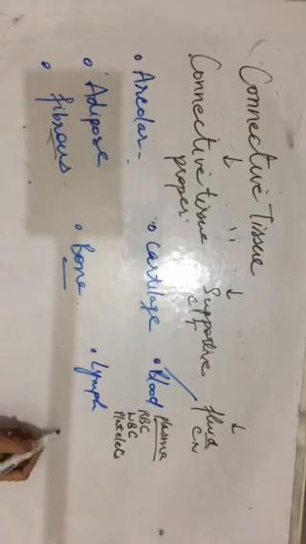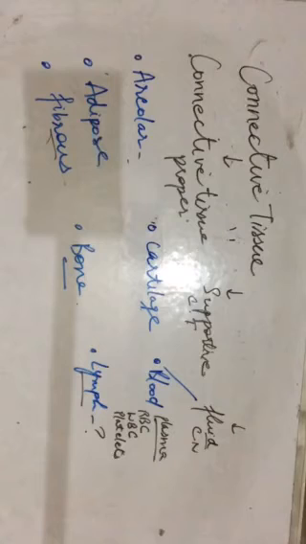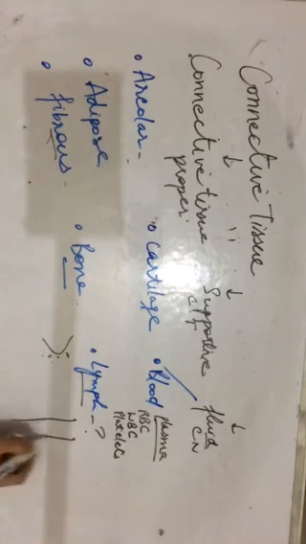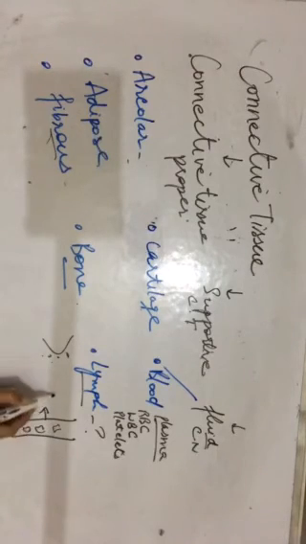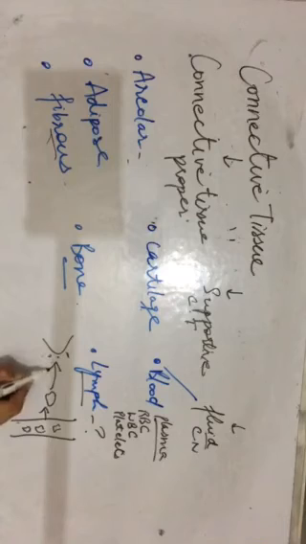And lymph, what is lymph? You might have studied this in 8th standard, but let me give you a quick glimpse of it. Whenever any germs attack your body, then the WBCs come out of the blood vessel to attack these germs.